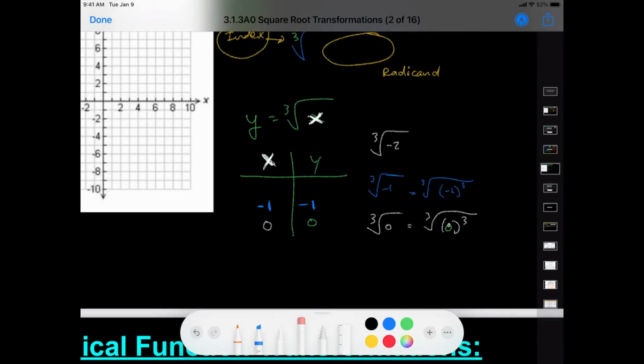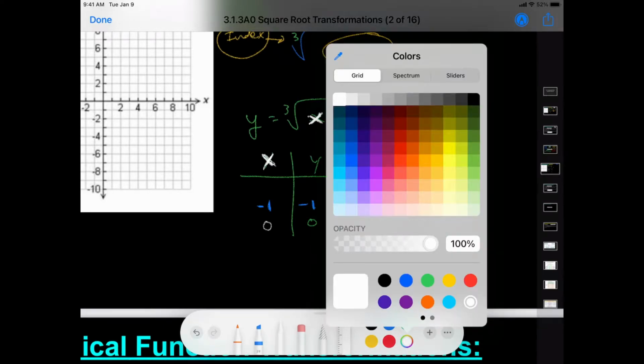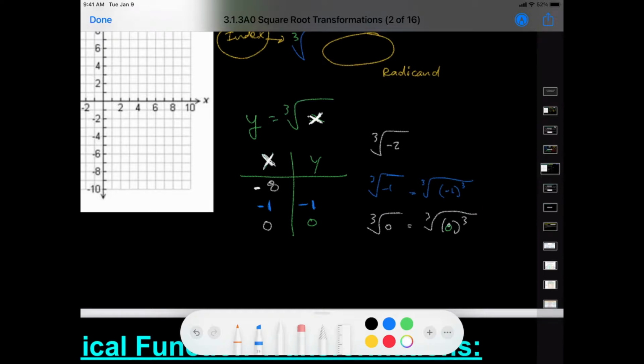Let's do it this way. If I put in -8, that's what I was supposed to write, -8, this would be -2 to the 3rd power, right? So -2 times -2 times -2 would be -8. So this would give us a -2. This would give us a -1. This would give us a 0.